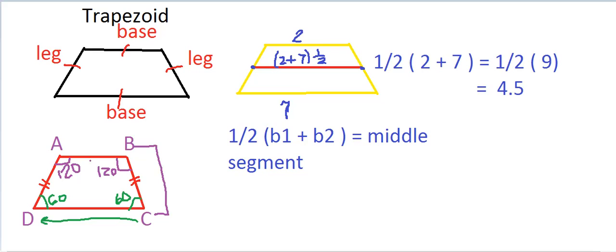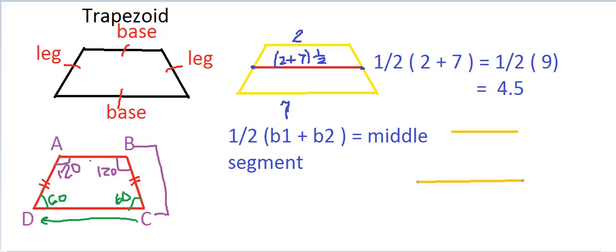Well, how about here? What if it's not an isosceles trapezoid? Do they have the same measure on their base angles?